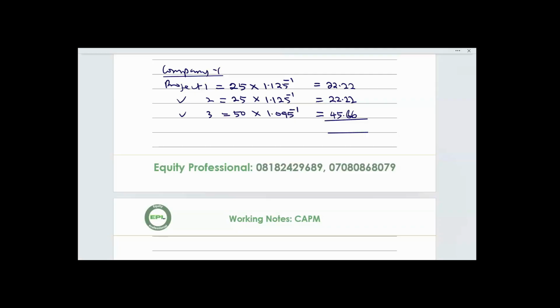What's the addition? What's the total present value? Let me use my calculator since you are not ready. 44.44 plus 22.22 plus 45.66 is 90.10.